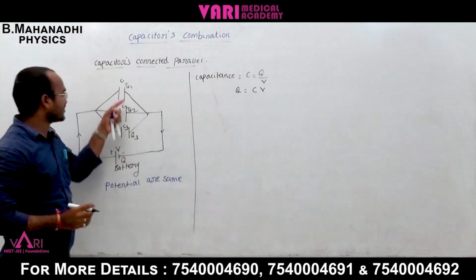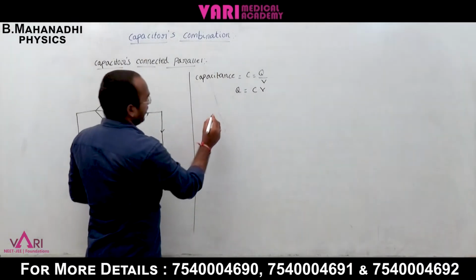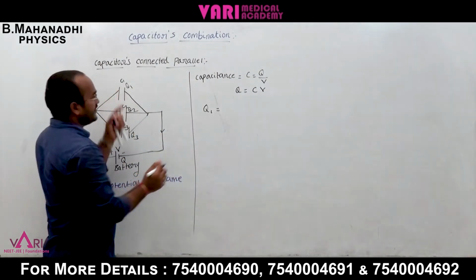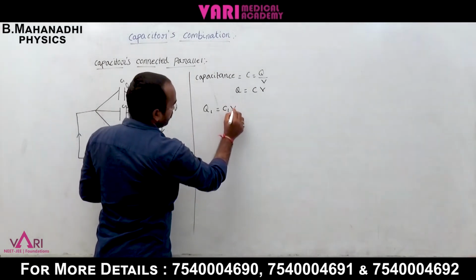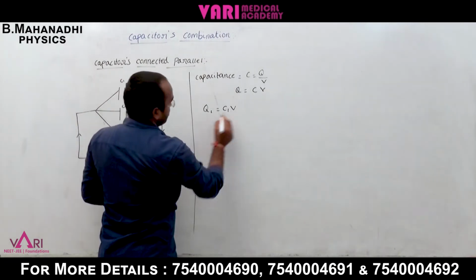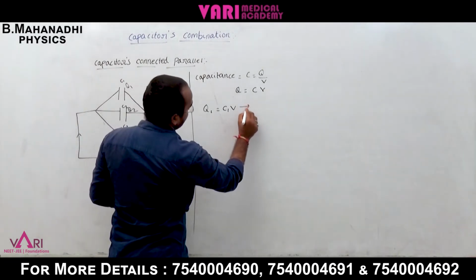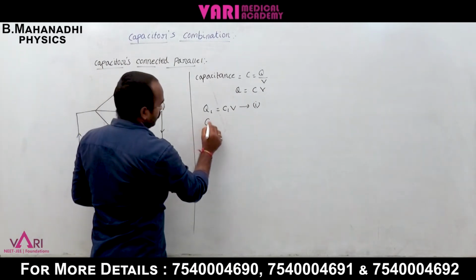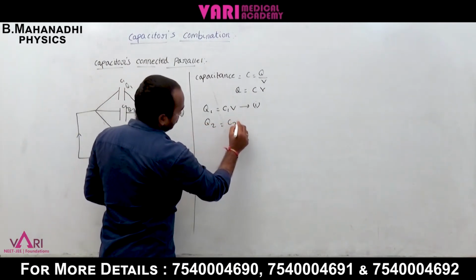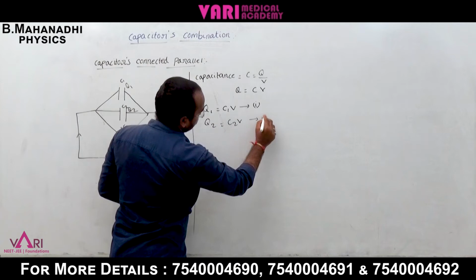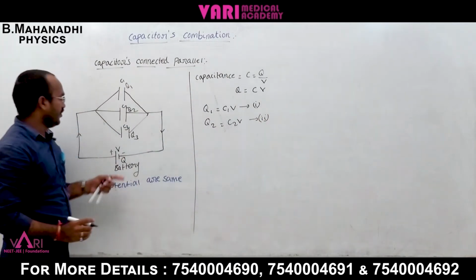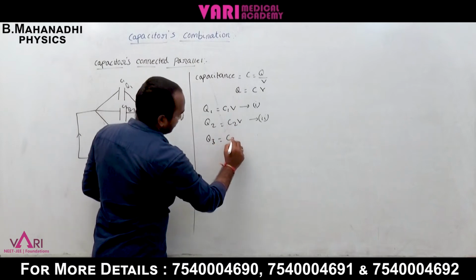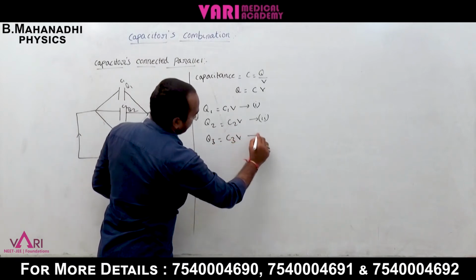Here my first capacitor of charge Q1 is equal to C1 into V, this is equation 1. Second capacitor of charge Q2 is equal to C2 into V, equation 2. Now third, Q3 is equal to C3 into V, equation 3.